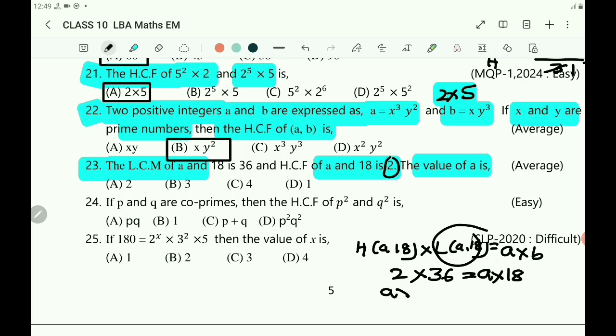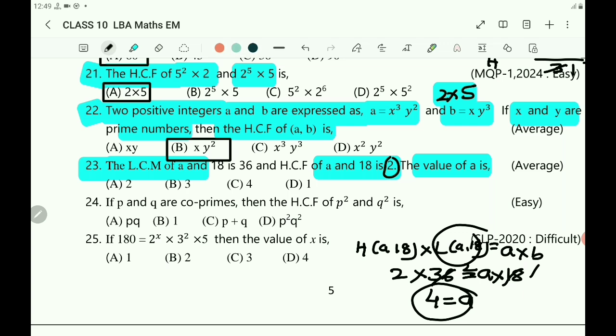So you can take A into 18 equals, or otherwise directly you can take here 18 ones are 18, twos are, 2 twos are 4. 4 equals A. So what is the value of A? Value of A is 4.